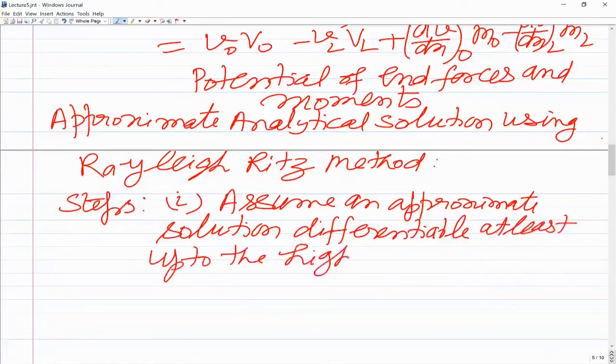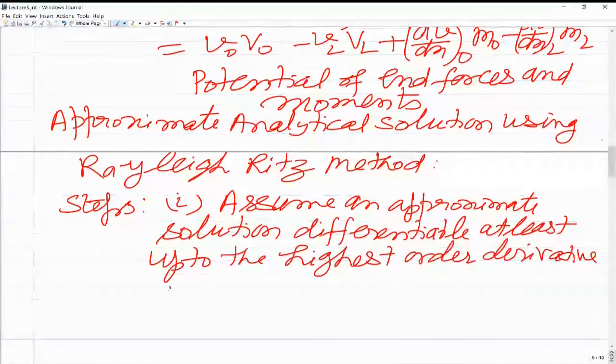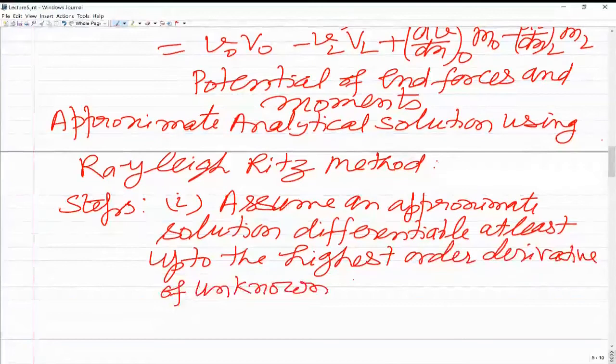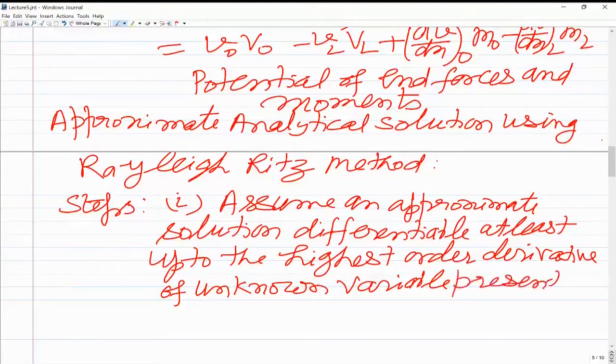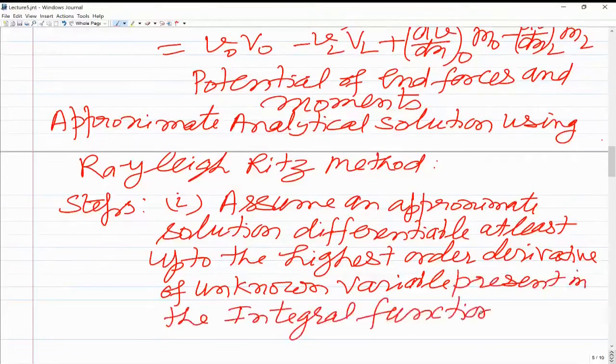So we look at the highest order derivative of the unknown variable present in the integral functional.